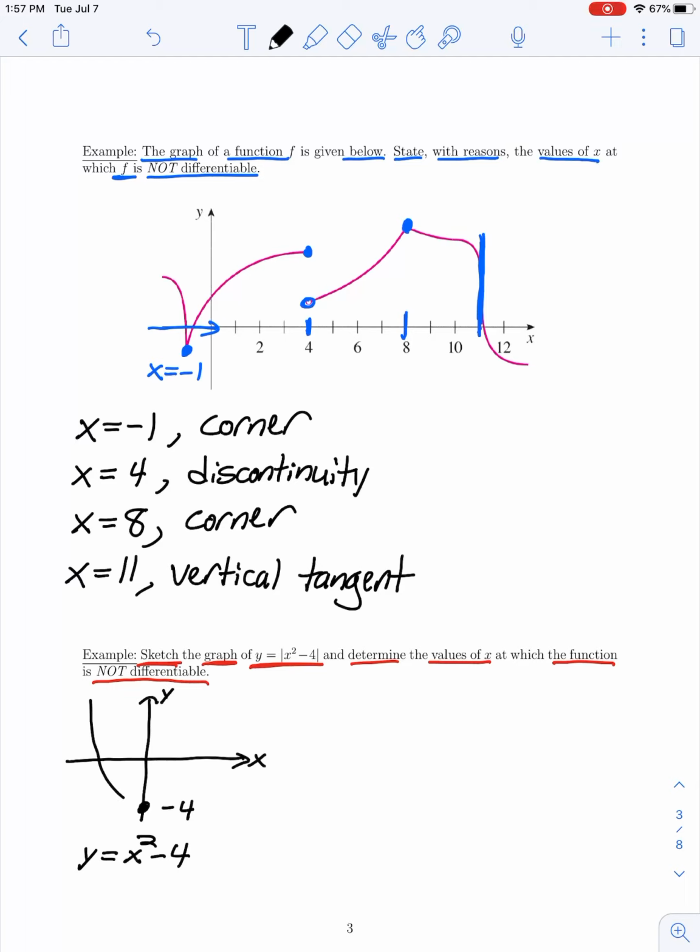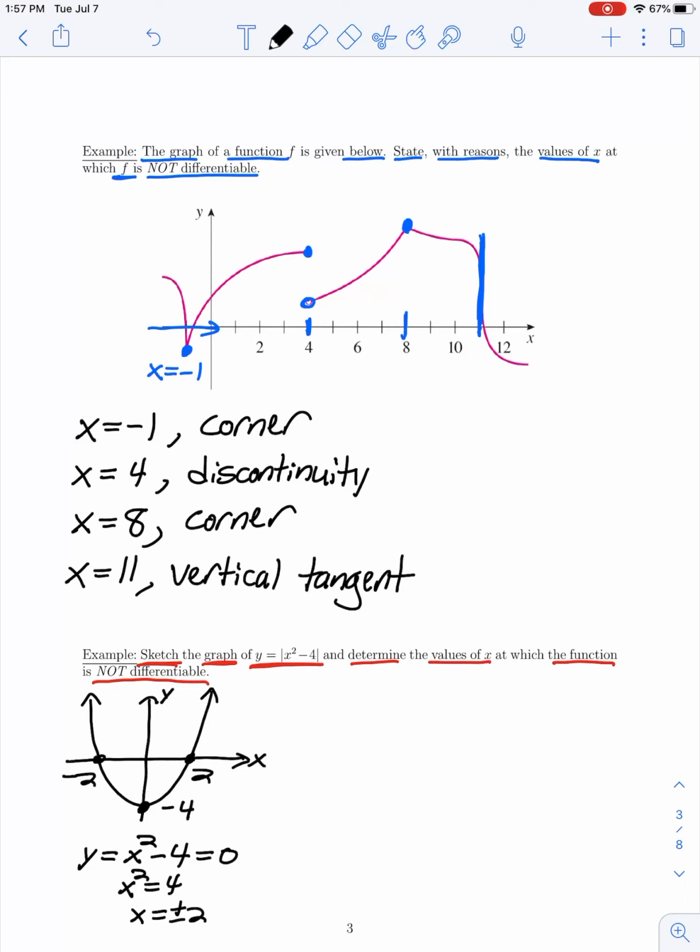So we have this parabola passing through (0, -4) and opening upward. We can find its x-intercepts by setting y equal to 0. So x squared is equal to 4, or x would be plus or minus 2 for these points where it's crossing the horizontal.